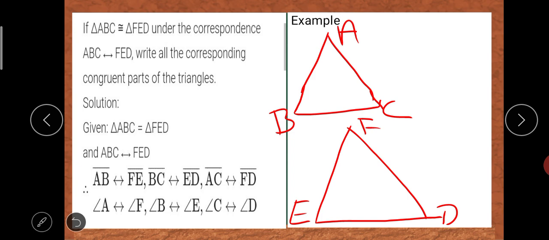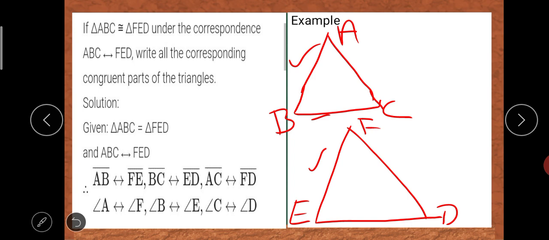Now what is given here? ABC and FED. Now you have to find the corresponding parts. So here the corresponding part of AB will be what? Just see, this line AB is corresponding to FE. Like that, BC, this one downside, will be corresponding to side ED.